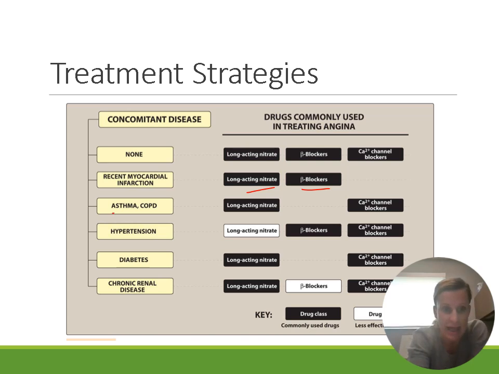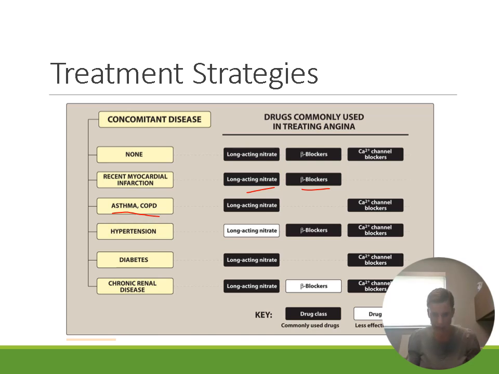If your patient has asthma or COPD, you might have a problem with the beta blocker. It kind of depends on the patient, how well controlled that patient is. And then you could try a selective beta blocker, but that could also be problematic. So you might want to start with a calcium channel blocker or start with a long-acting nitrate and see if that will work for you, because that's not going to cause problems with the COPD or asthma like a beta blocker could.